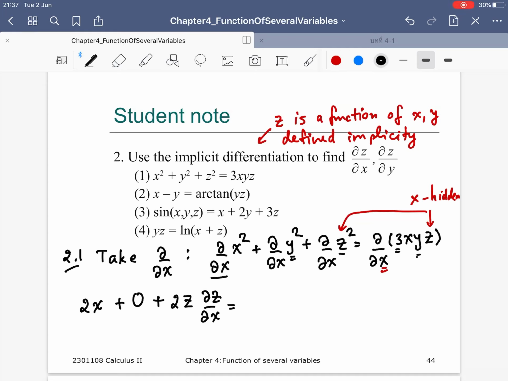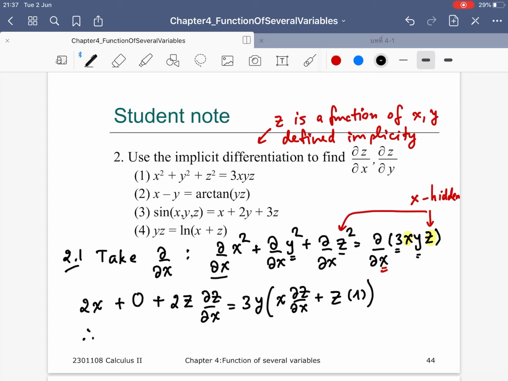Now your 3 and your y, they are constant, and then your x here and your z, it's already a function of x multiplied, so you use the product rule, the first derivative of the second plus the second derivative of the first, which is 1.